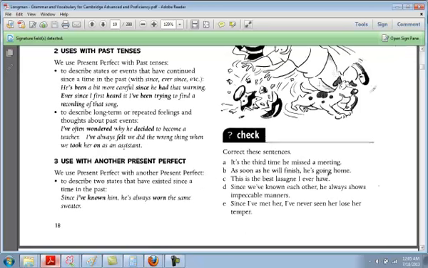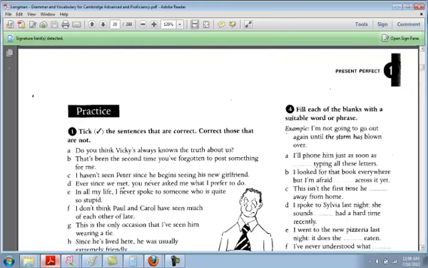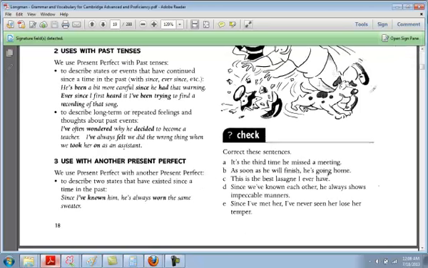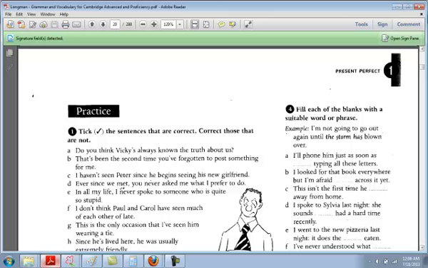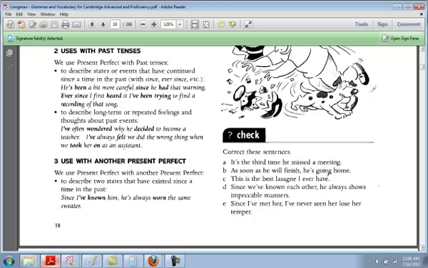We use present perfect with past tenses to describe states or events that have continued since a time in the past. Since he began seeing. Yes, I haven't seen Peter. So it's an event that has continued since a time in the past.